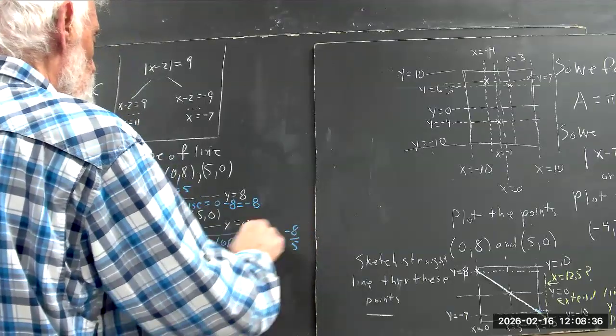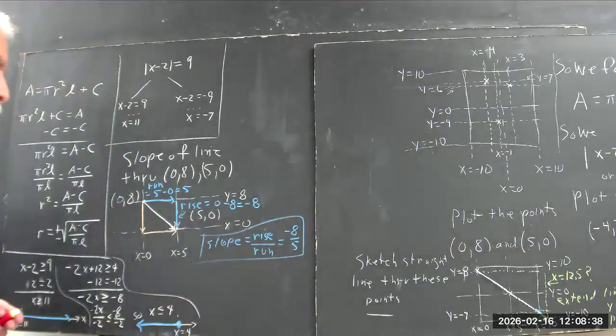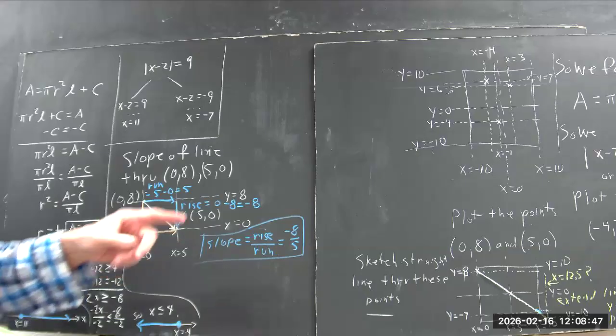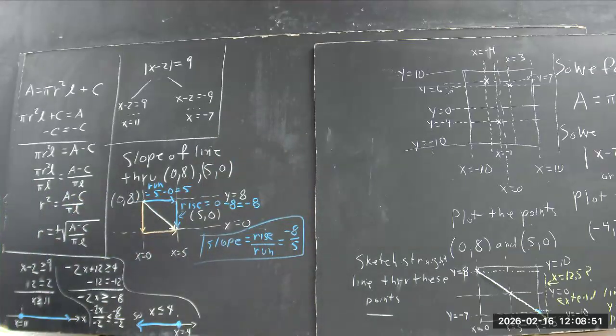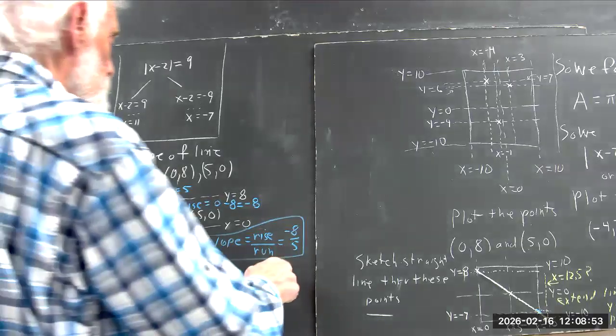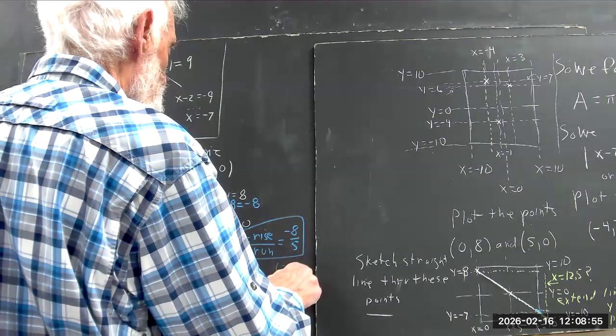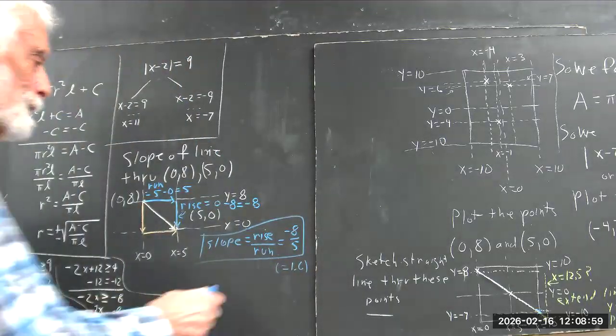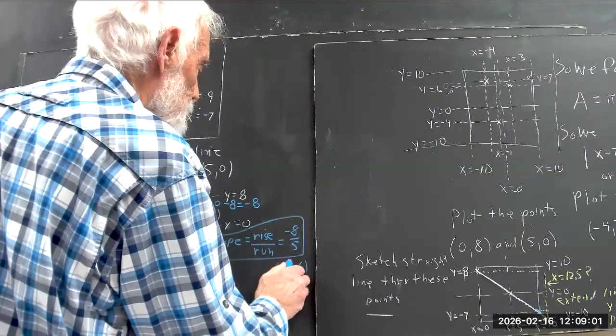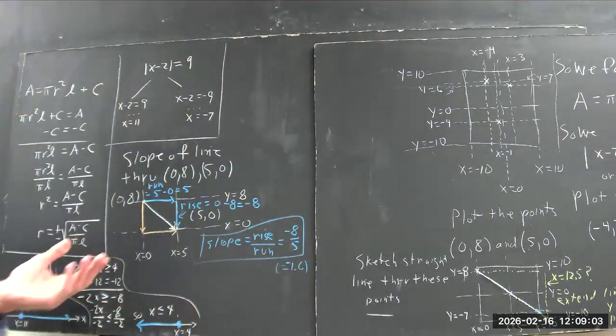So now, slope equals rise over run, which is -8 over 5. And I would leave it as a fraction. Although if you want to write it as a decimal, as long as you've written -8 over 5 equals -1.6, okay, it equals -1.6.